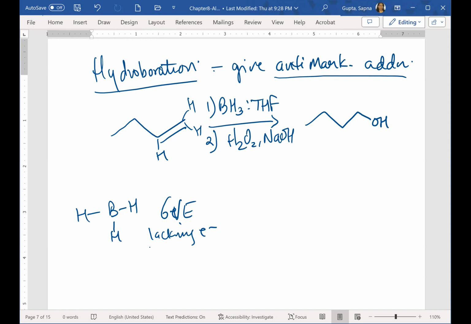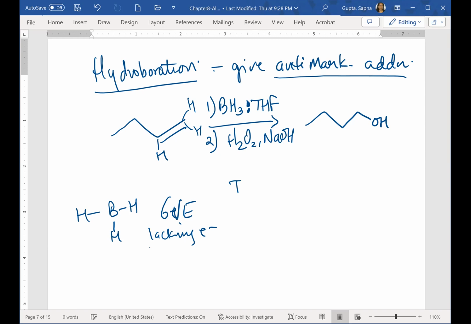We learned about this in chapter 3, when we were talking about Lewis acids. Boron is actually a common Lewis acid because it can accept a lone pair of electrons from any other base. Here, the colon that I have drawn with the THF is a lone pair of electrons that is being shared with THF.